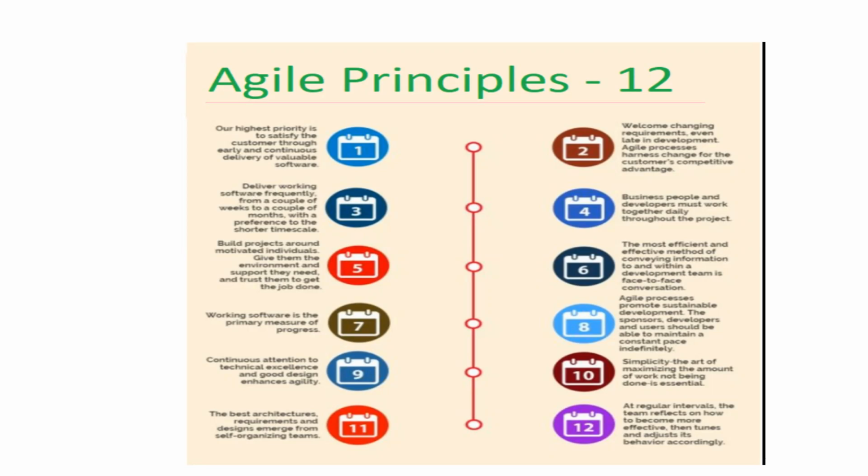Generally, if you look at any project, we'll be having attributes like scope, resource, time, quality, and risk. So these are the 5 characteristics in project management. Scope defines what will be covered in a project, and resource is what can be used to meet the scope.